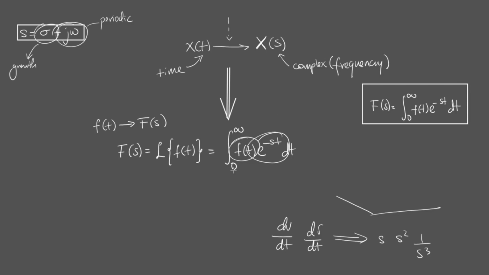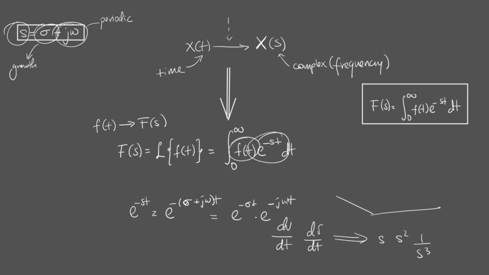So e to the negative st, let's put this in terms of our complex number. e to the negative st is going to be e to the minus sigma plus j omega, all multiplied by t. If you apply the exponent rule, that's going to be e to the negative sigma t multiplied by e to the negative j omega t.